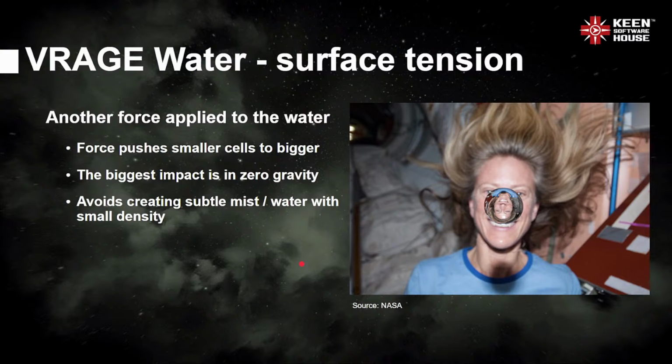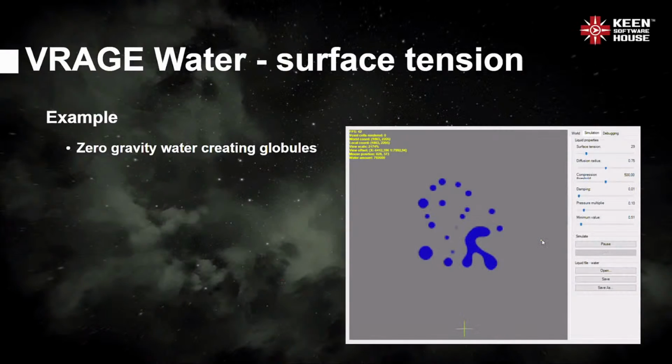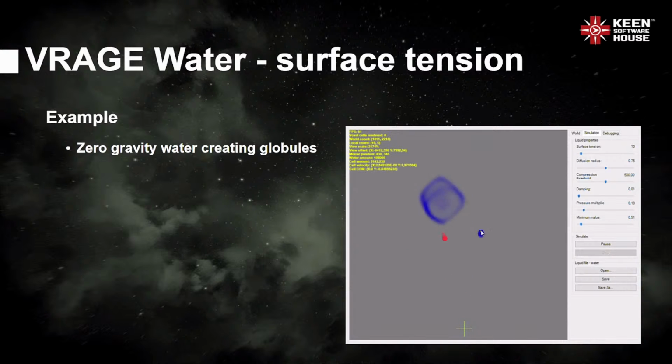It also prevents the water from splitting into the environment and creating fog. And this is a nice example of these globules in zero gravity. You can even see how it is possible to connect them and play with them.